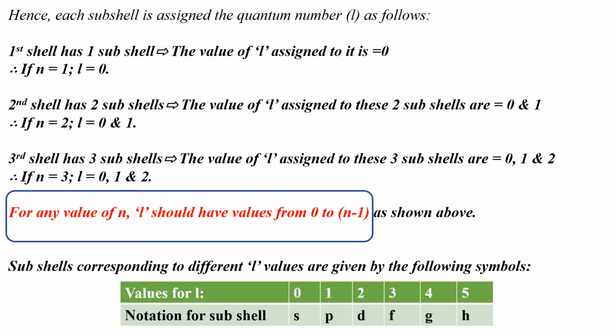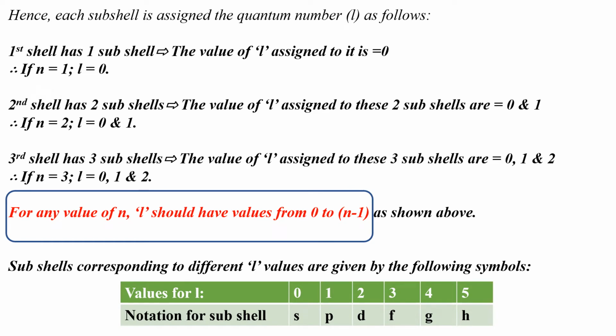If n is 2, L should have two values, 0 and 1. If n is 3, L should have three values, that is 0, 1 and 2. If n is 4, L should have four values, that is 0, 1, 2 and 3. So these are the subshells: the 0 subshell, the first subshell, the second subshell, and so on. These are the numbers assigned.